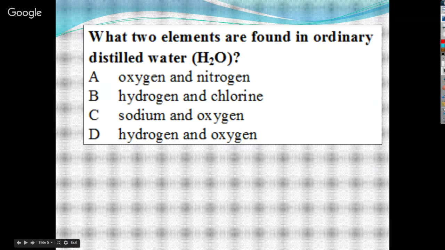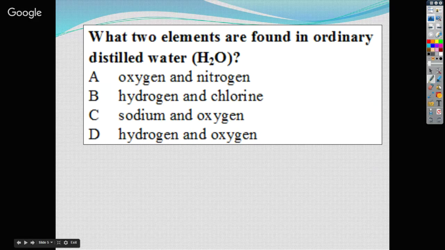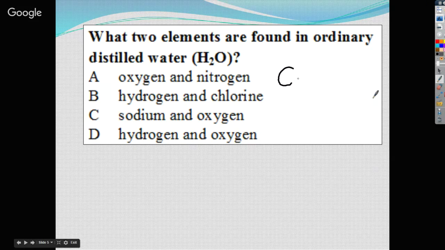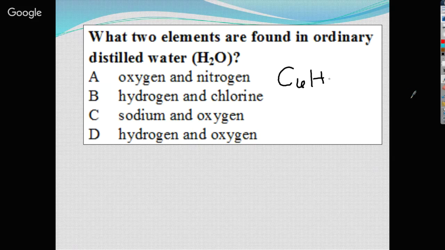What if I said this? What are the elements found in C6H12O6? Which elements are found there? Carbon, hydrogen, and oxygen. If I say which elements are there, just look at the letters, look at your periodic table, that's your answer. That's all you do.